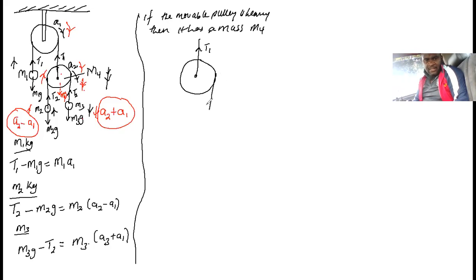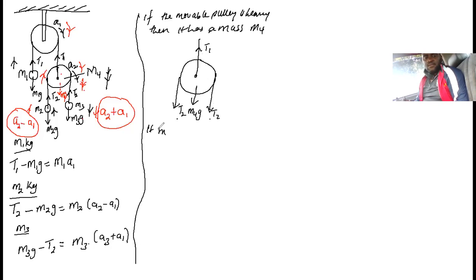Then this side it has T2 and T2. If it's heavy, it will have here M4G. But as it is moving, it will move like any other body. That's why I've not attached here M3 and M2. So it moves like the way you see M1 is moving about the fixed pulley. So it will move with an acceleration A1.